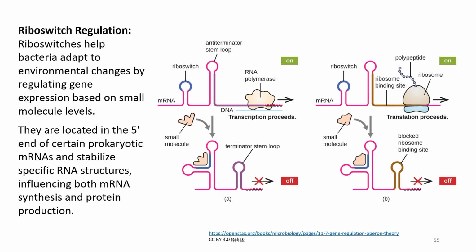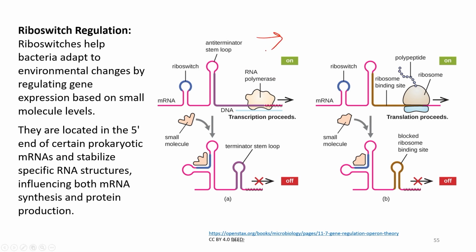and the protein production. So, in this picture you can see the riboswitch in the mRNA, and here there is an empty terminator stem loop, and the RNA polymerase binds over here, and it allows the transcription to proceed.